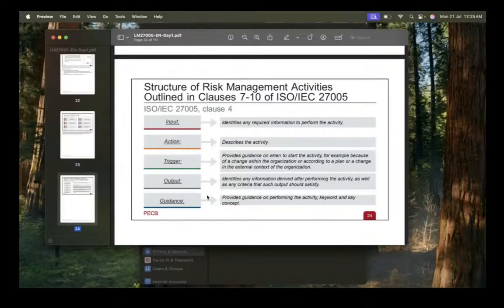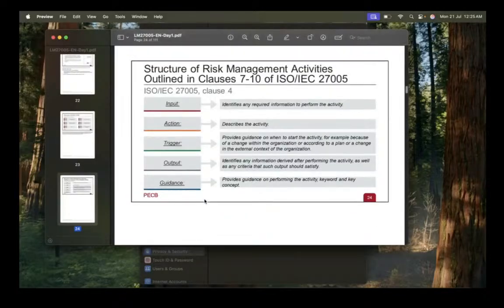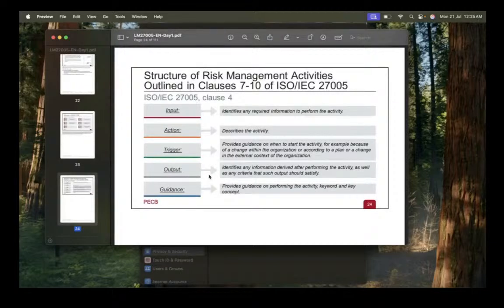To understand that, here is a very simple flow chart. How does it work? We give an input, and it identifies any required information to perform the activity.